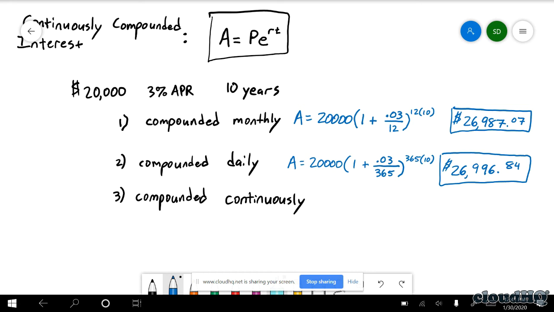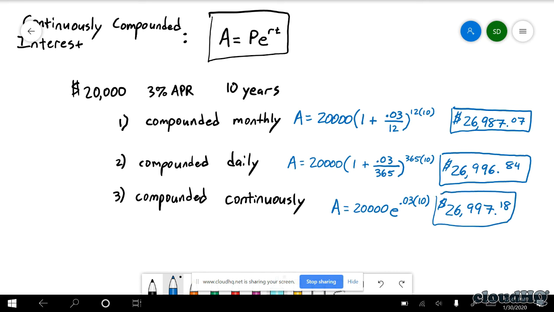Let's go ahead and find out. $20,000 times e raised to the power of your exponent, so 0.03 times the number of years, 10. We get $26,997.18.